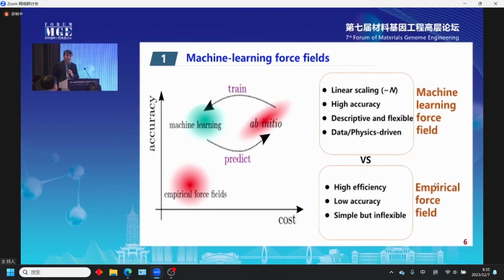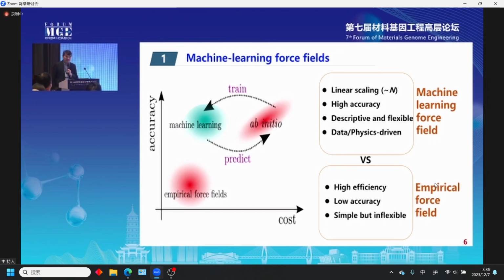That's the reason during the past 30 years, people developed empirical force fields. This kind of potential is high efficiency but low accuracy. And this potential is normally simple, but inflexible.